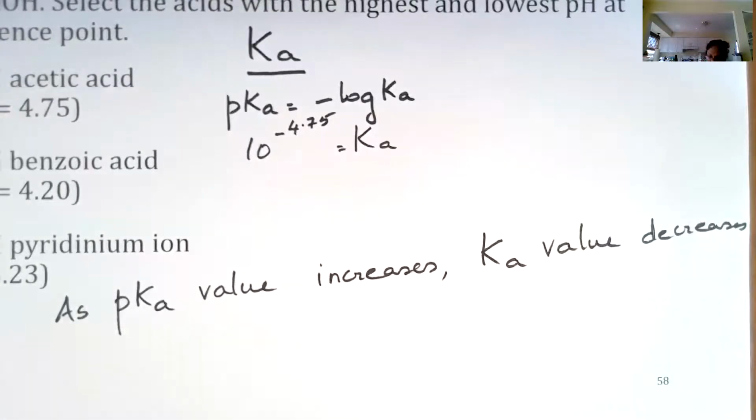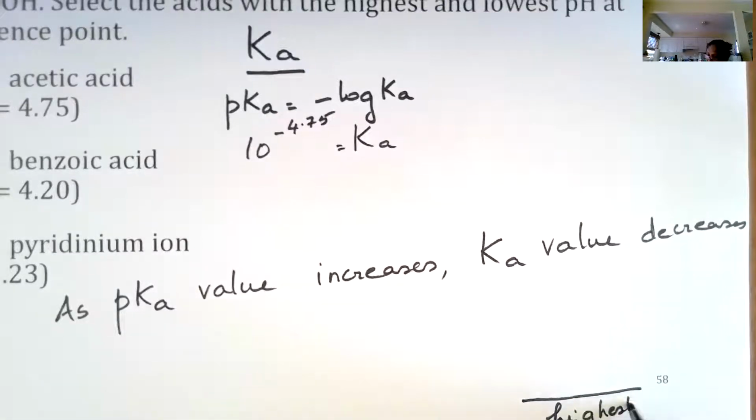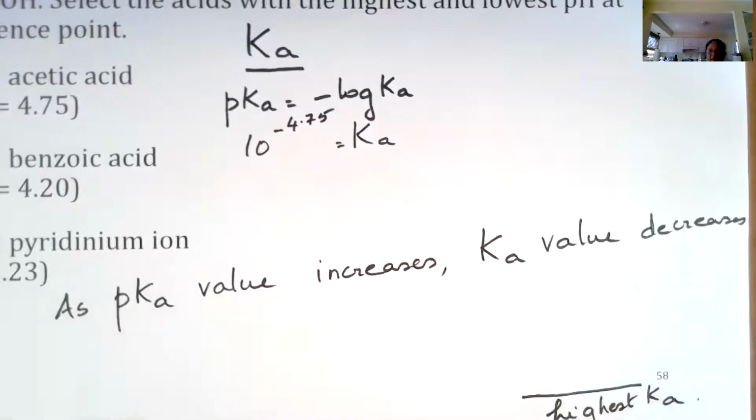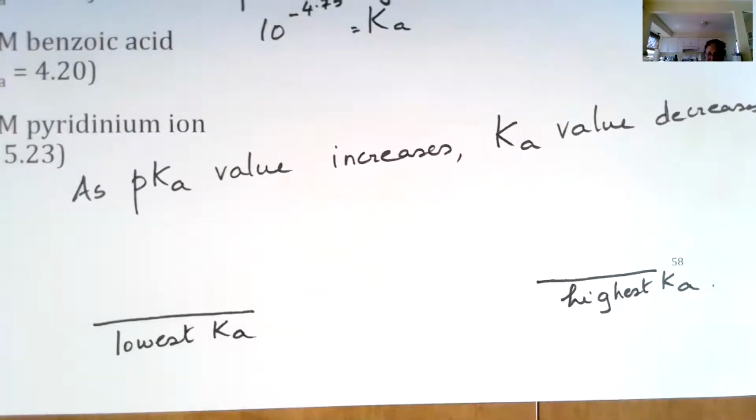So which acid has the lowest Ka, and which acid has the highest Ka? You can do numerical calculations, or I'm just going to use the trend.